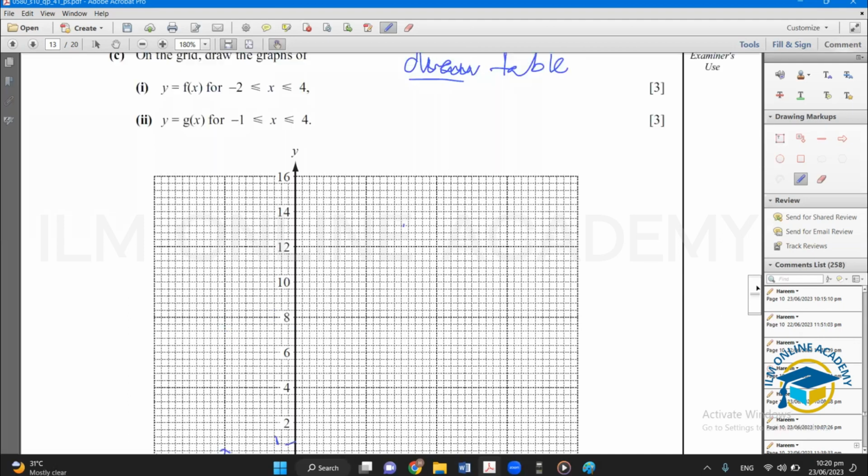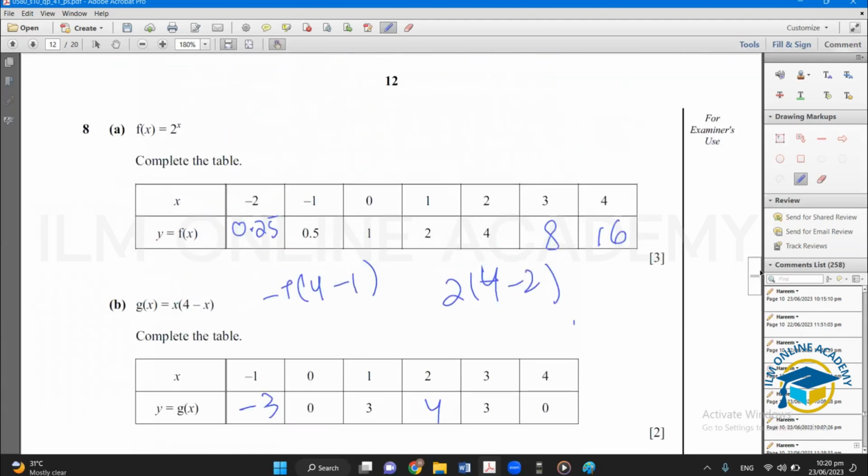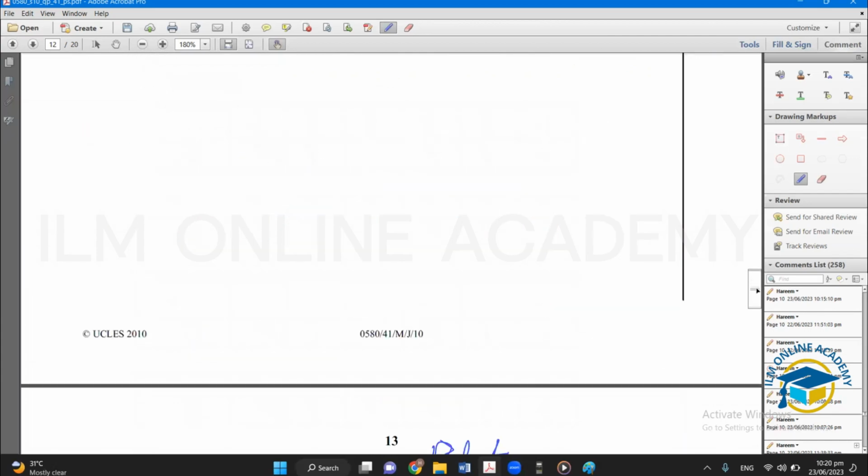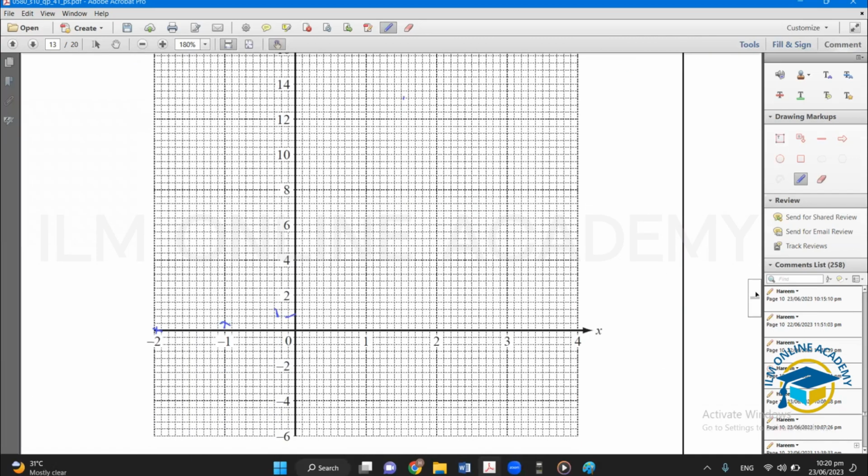Now another thing, 0, 1 and 1, 2. So 0, 1 means a little bit here, and 1, 2 is here.